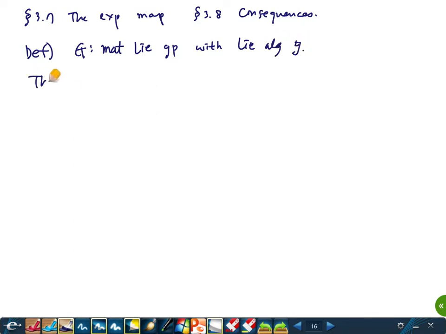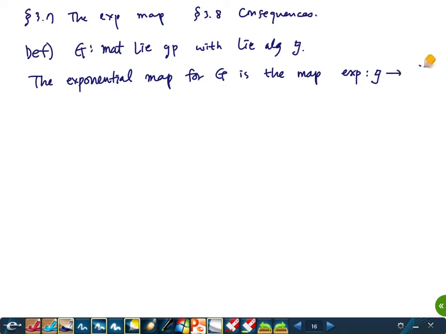The exponential map for G is just the exponential map, only restricted to this Lie algebra to G. So it's really the same, only we restrict the domain and the range.